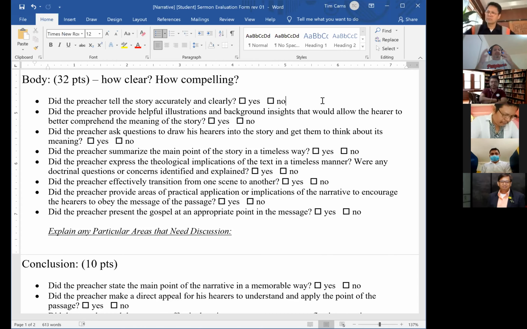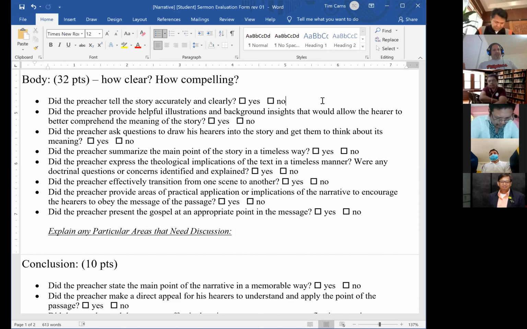All right. You tell the scene, identify anything in the scene that your hearers may not understand well, or does the narrator say anything in that scene that is significant? What issues are in that scene that are connected to the main point? And so you want to draw your readers' attention to that.